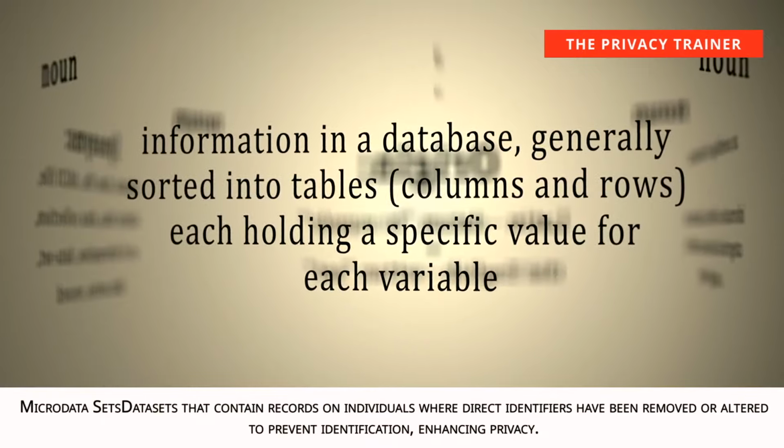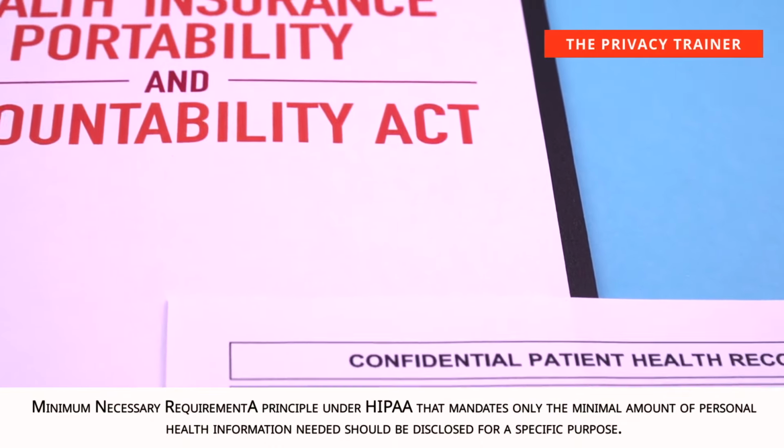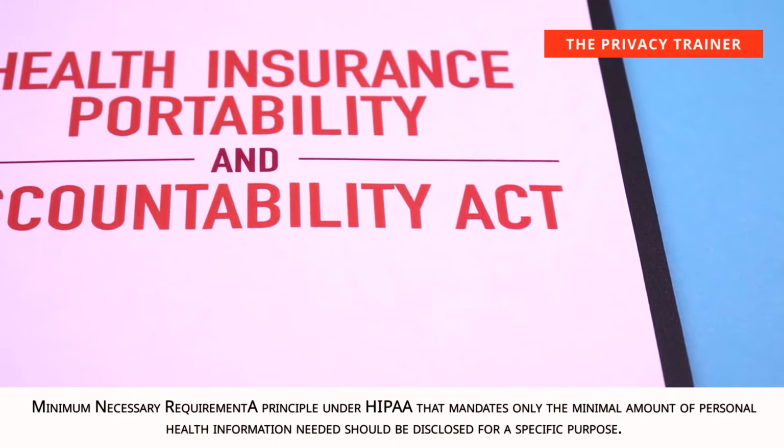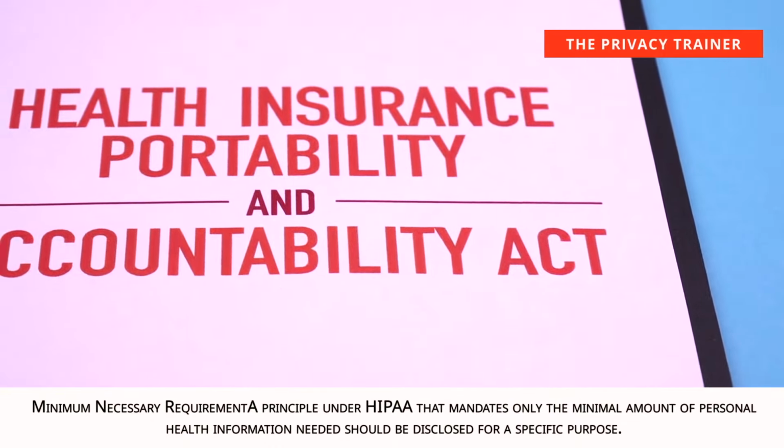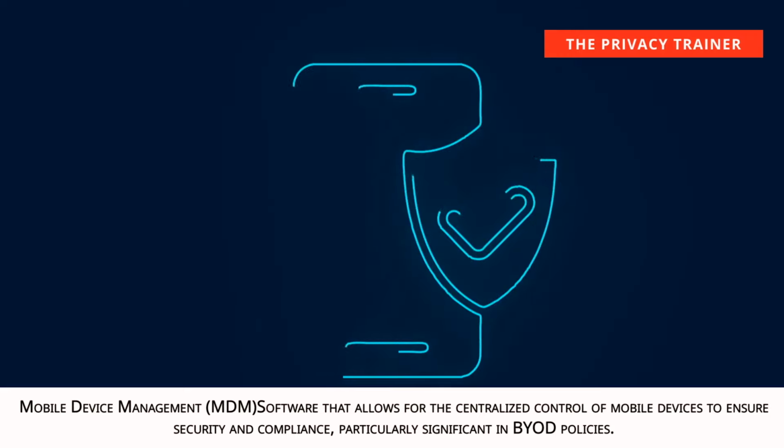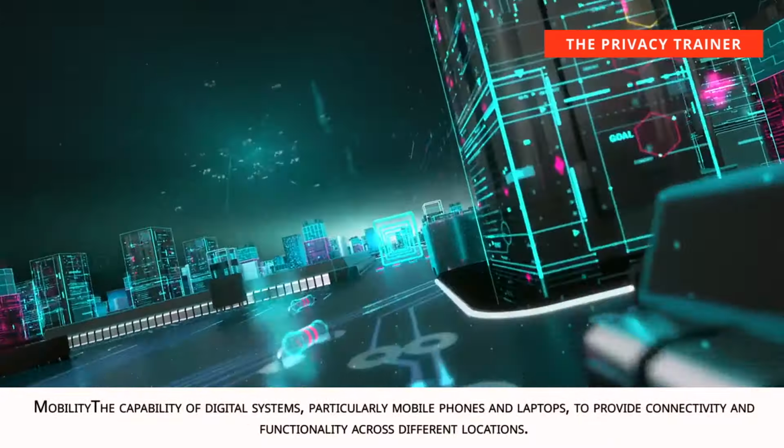Minimum necessary requirement: a principle under HIPAA that mandates only the minimal amount of personal health information needed should be disclosed for a specific purpose. Mobile device management, MDM: software that allows for the centralized control of mobile devices to ensure security and compliance, particularly significant in BYOD policies.